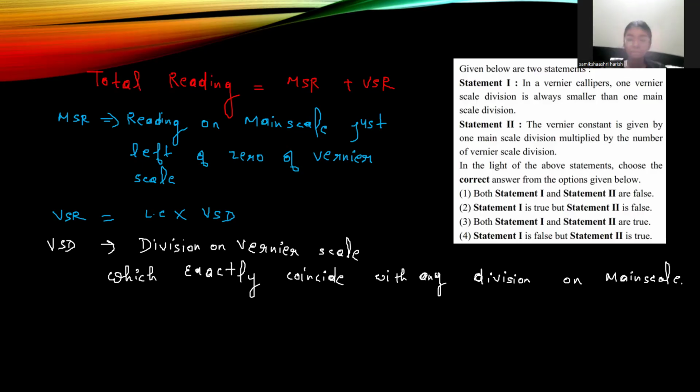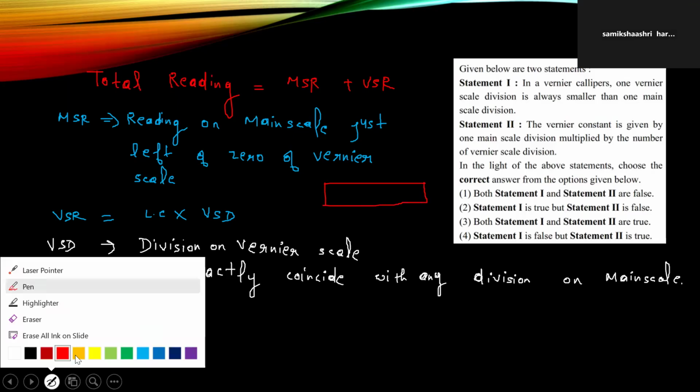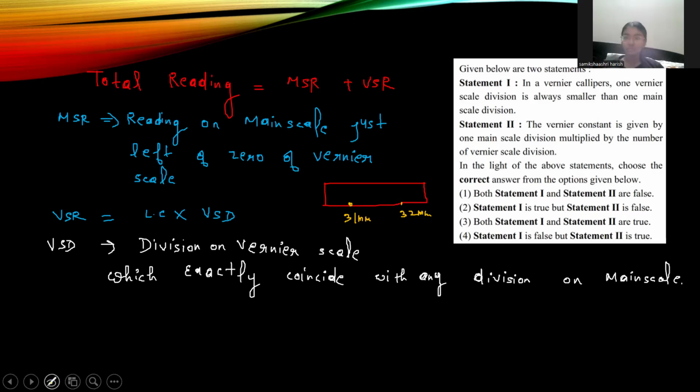Okay, for example, like this. If I ask you, this is the main scale, okay? And on this main scale, if I draw 31 millimeter and 32 millimeter, and this is the zero of the vernier scale.